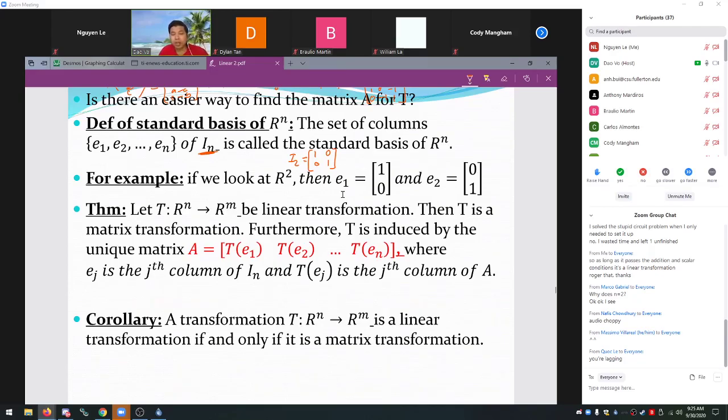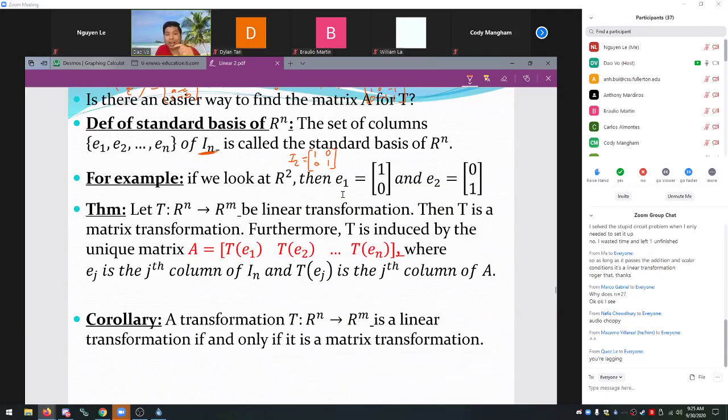Furthermore, T is induced by the unique matrix A, which is formed by the transformation of each of those standard basis vectors. In other words, we can find the matrix A by evaluating T of E1, T of E2, T of E3, and so on, and forming them into the columns of A. So those will give us the columns of A.